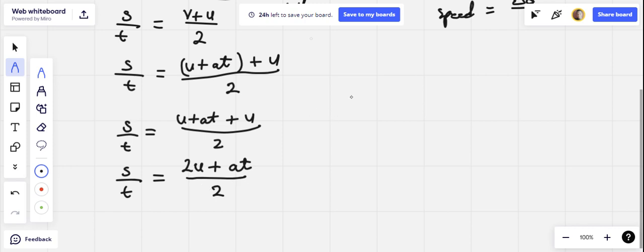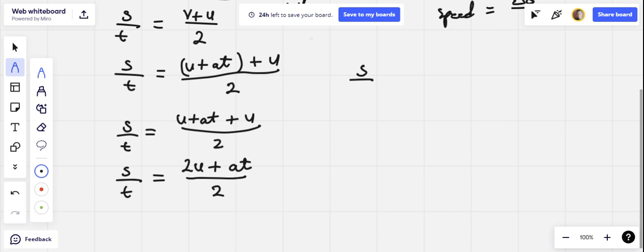Now this 2 on the denominator is the LCM of the denominators of each of these terms. It means that the 2 divides each term here. It divides 2u and also divides at.